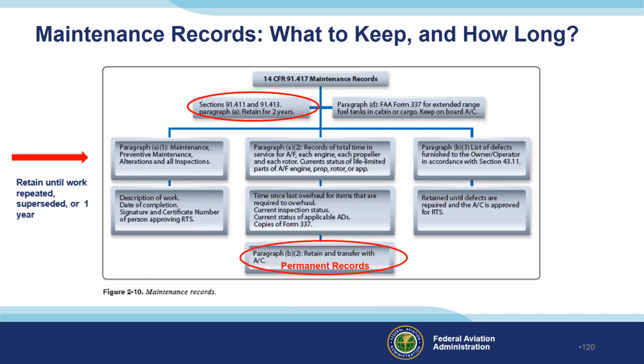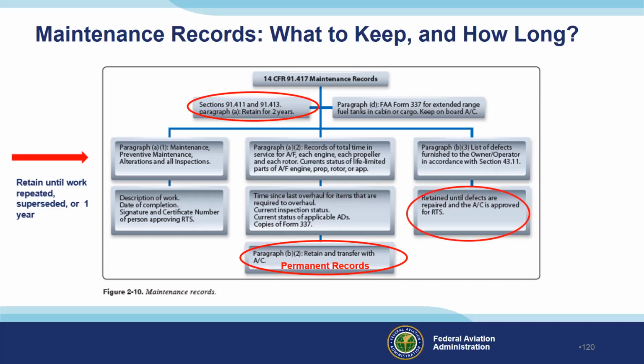And this list of items is considered to be permanent records, and they must be transferred with the aircraft. And those are all listed there. Records of total time in service for the airframe, engine, propeller, and each rotor, and the status of life limited parts, time since last overhaul for items that are required to be overhauled, current inspection status, current status of applicable ADs, copies of FAA Form 337.